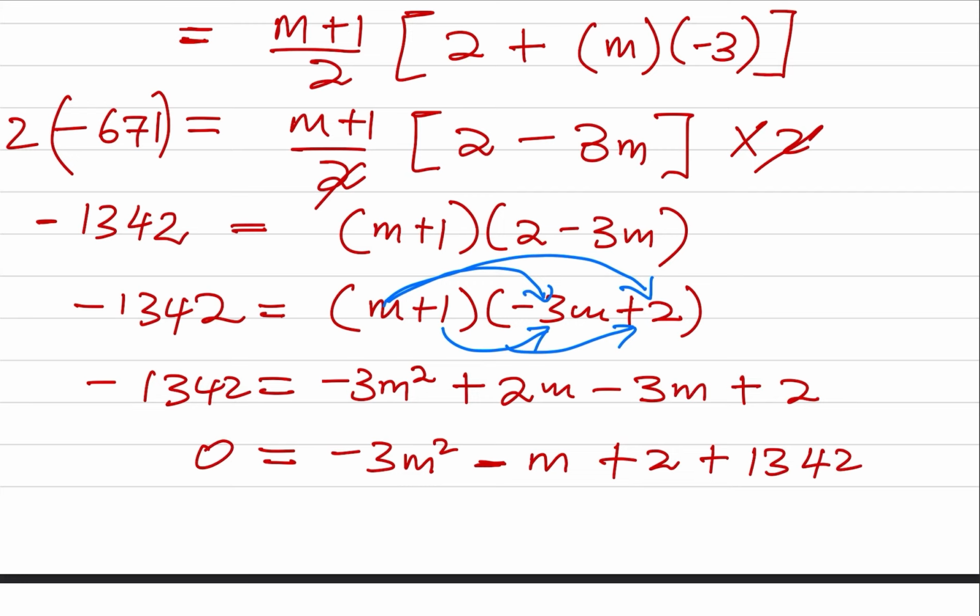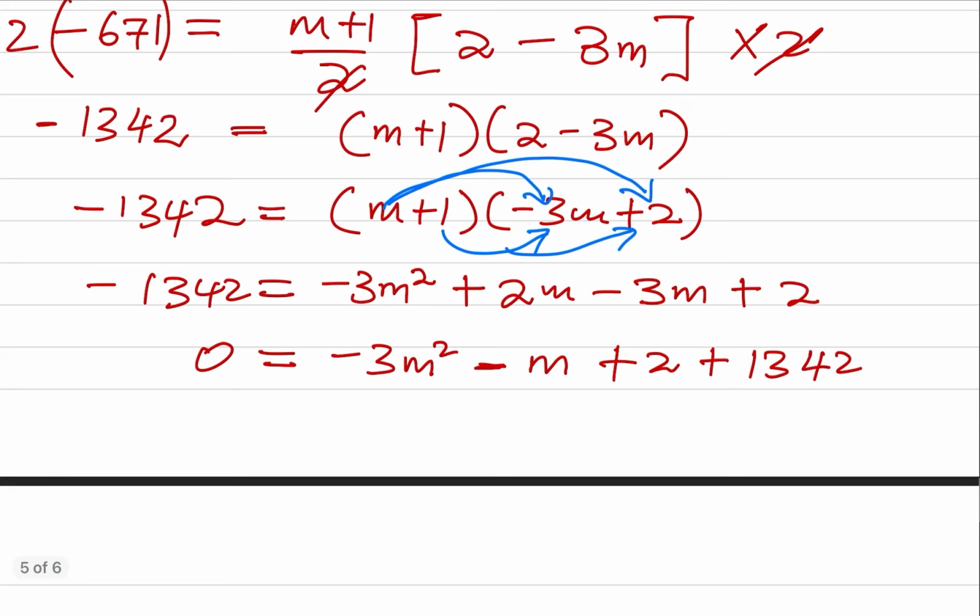You have your 0 there. I like to clean up the mess. So for me to clean up the mess, I will divide through by negative. So now 0 is equivalent to 3m squared plus m plus, this is just 1344.